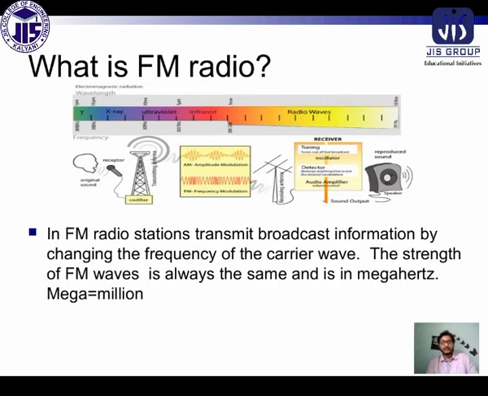Instead of changing the amplitude, they are using different values of frequencies of waves. Because if we want to use the previous technology, where amplitude modulation is there, and we want to change the magnitude or amplitude, there may be some distortion.